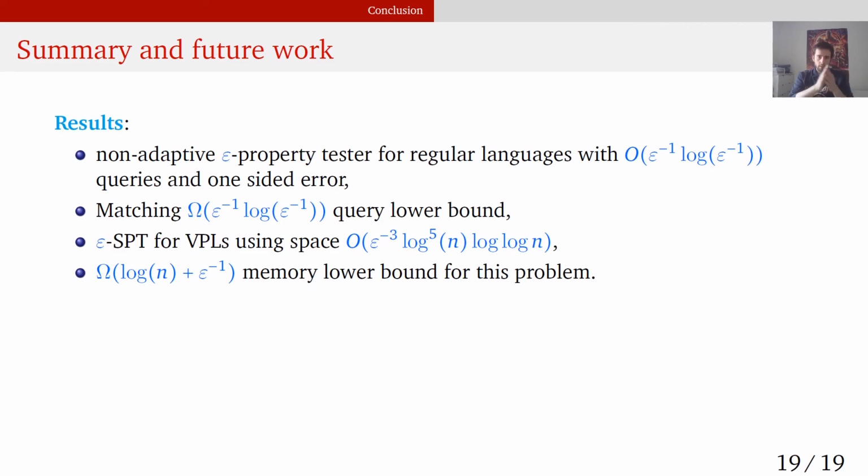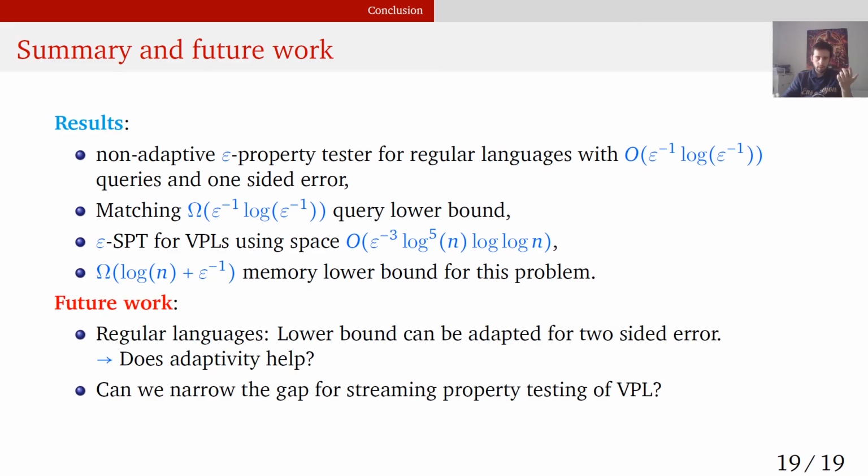Here is a summary of our results, and before concluding, I'd like to make the following remark: I believe that our lower bound for the property testing of regular languages can be adapted to work for algorithms with two-sided error, which means that the only condition left on our lower bound would be that the algorithm is non-adaptive.